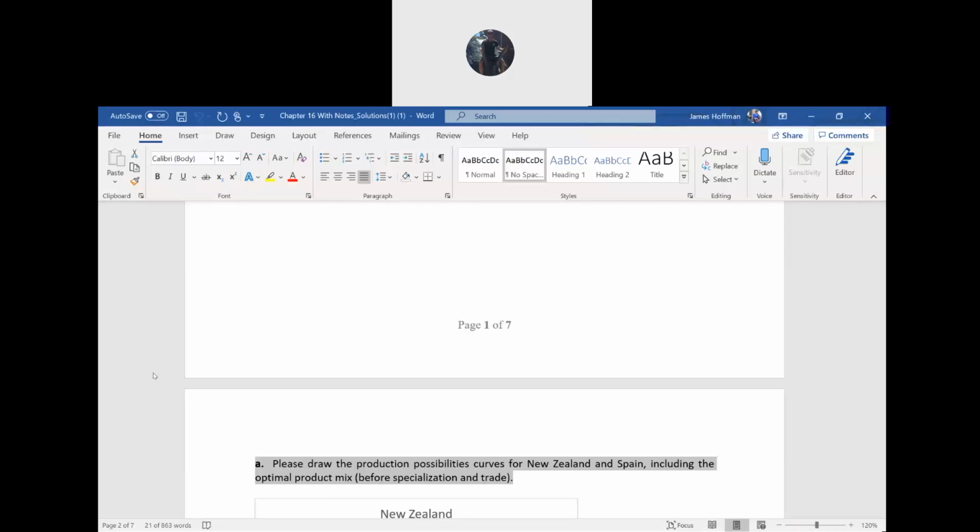So the first thing we're going to do is just replicate the tables and draw the curves.